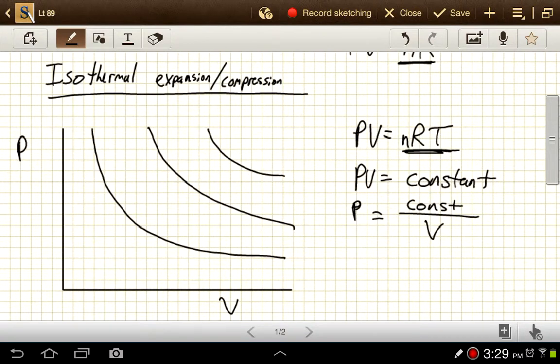Each one of these lines is an isotherm, and so we'll refer back to those later on when we talk about adiabatic expansion or compression. So keep those in mind as we continue. But if we see on this diagram an inverse curve like this, a 1 over x style curve, we know that that's an isothermal expansion or compression, a process where pressure and volume change, but temperature is remaining constant.